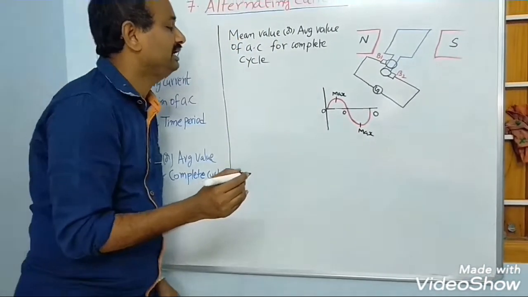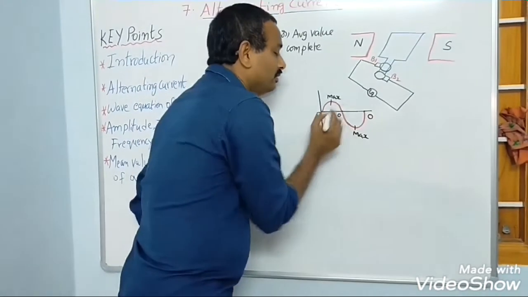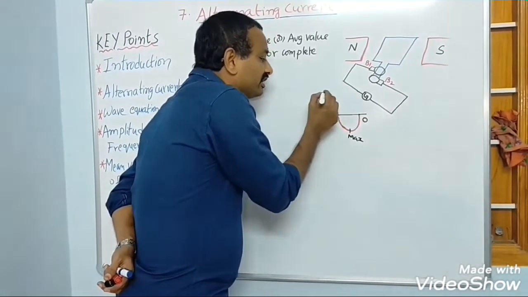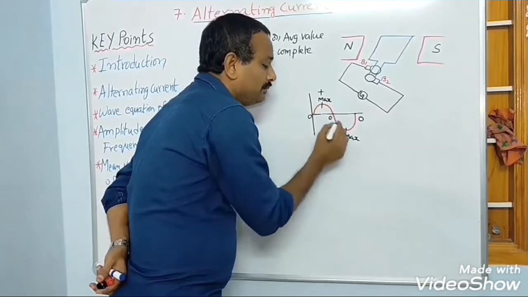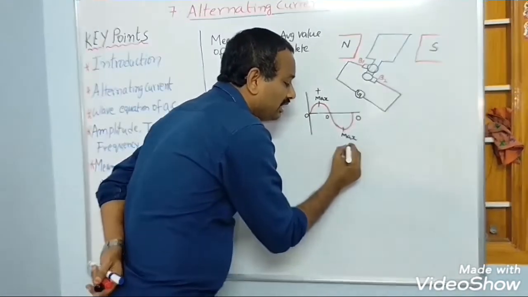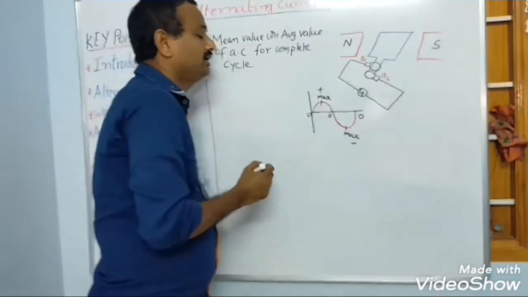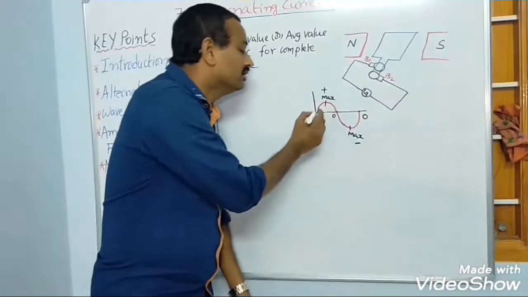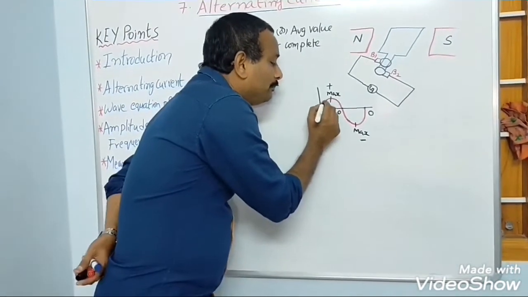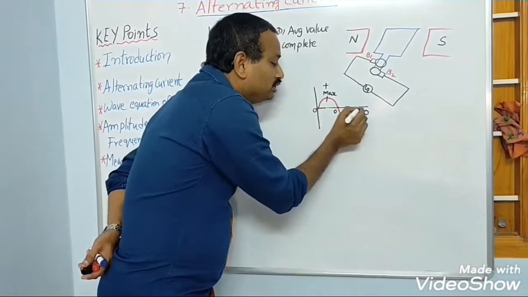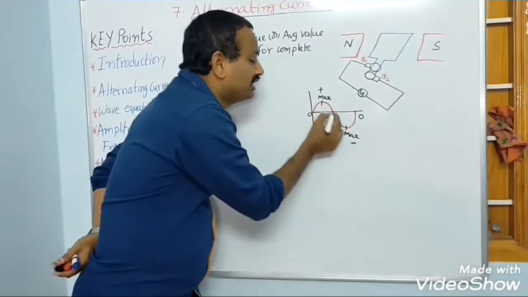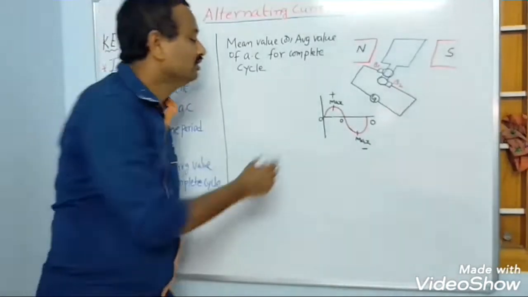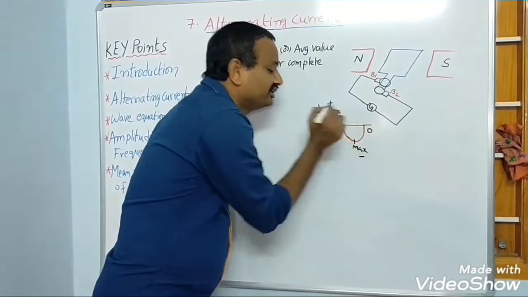So students, here for above half cycle if I consider plus and below half cycle minus, mean value of current or average value of current for complete cycle is 0.